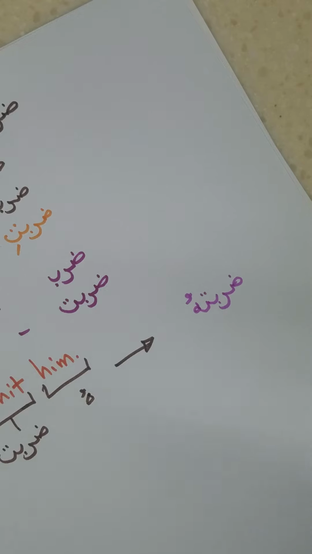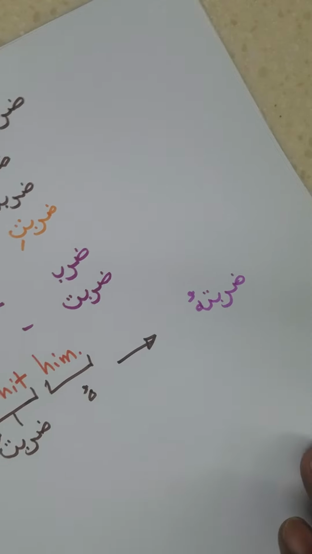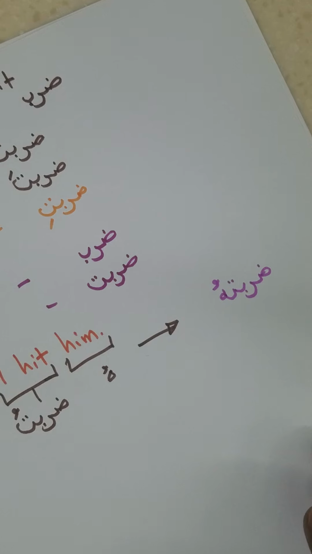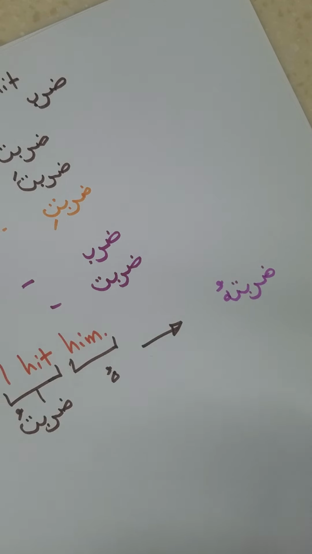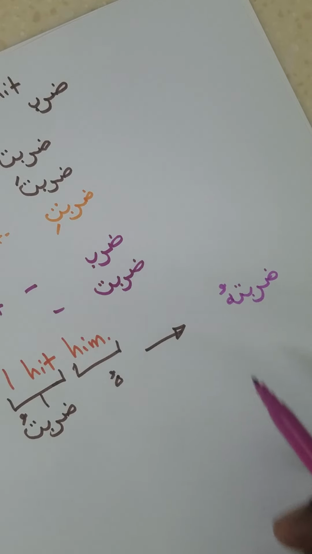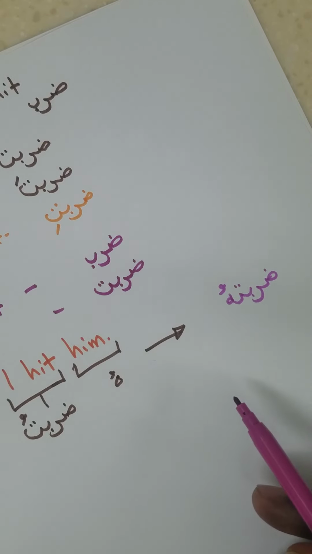So get as many verbs as you possibly can. If it is darabtuhu, I hit him. And how about if you want to write I hit her? Then instead of adding hu, you'll add ha: darabtuha.